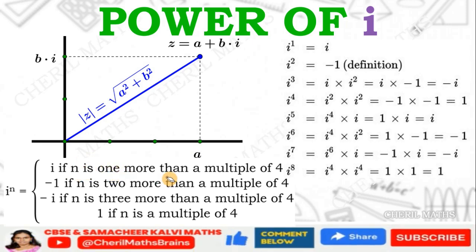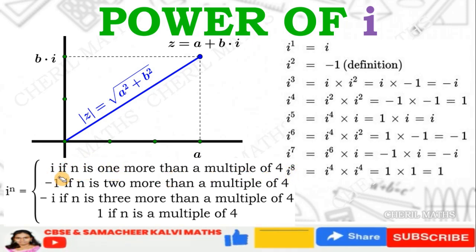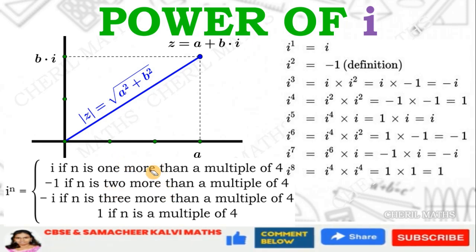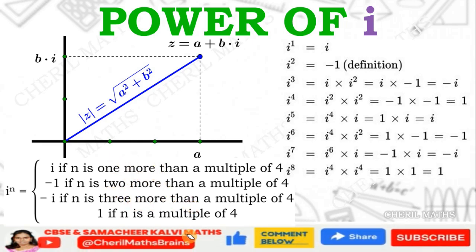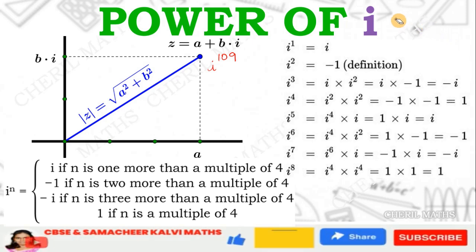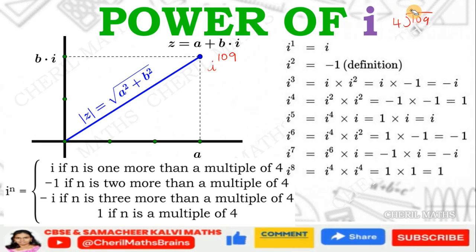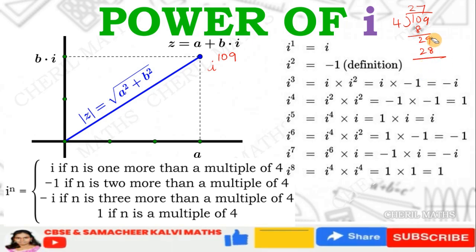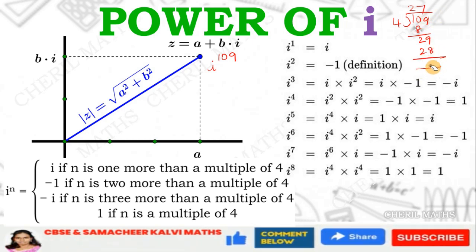So if n is 1 more than a multiple of 4, then it is going to be i. The remainder is going to be 1, 2, 3, or 0, and we have all these values. Just by dividing, if it is i power 109, a bigger number, we can divide it by 4. 4 2s are 8, it will be 27, 4 7s are 28, and then our remainder is going to be 1.